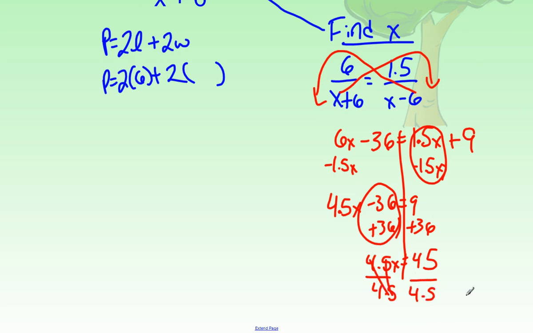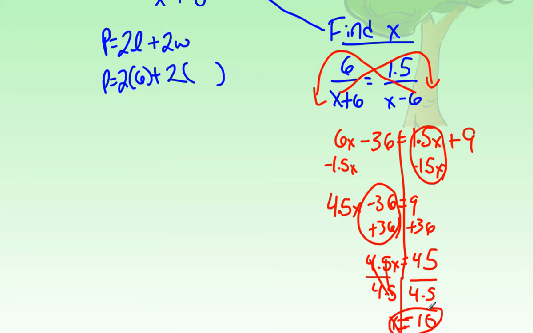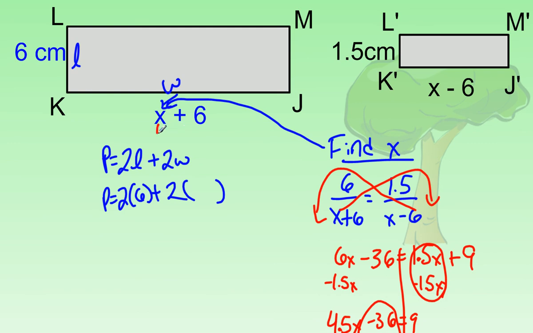The 4.5s cancel. x equals 10, because if you take 45 divided by 4.5, you get 10. So that's the x value. So this x value is 10. This one as well, but we don't care about this one.